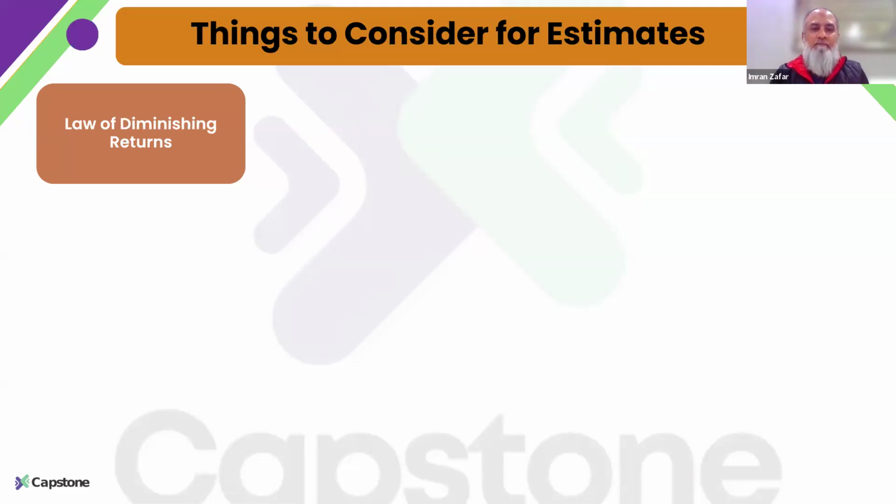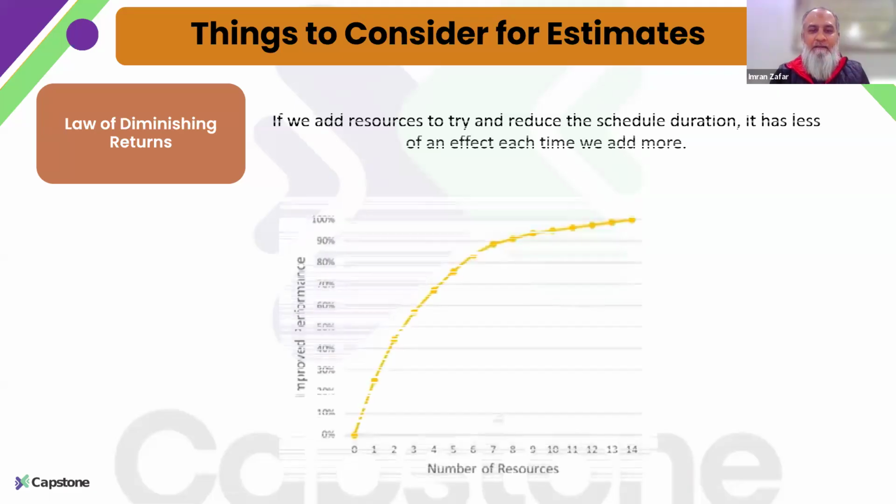If I increase it to 4, then maybe they start fighting with each other, and it will not serve the purpose. So this is what the law of diminishing returns is: that adding resources will give you some benefit till some point of time, and after that the value coming from it will start diminishing.